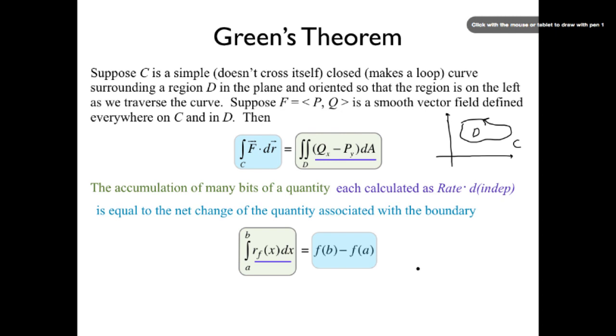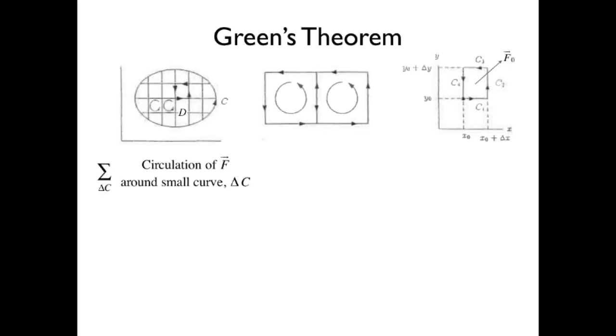All right, so let's dissect this a little bit more here. I'm not going to actually write out the proof, but I do want to talk about it. So looking at this first picture over here in Green's theorem, we chop this thing up into a bunch of little elements. And what we're going to do is sum up a little loop integral on each element.